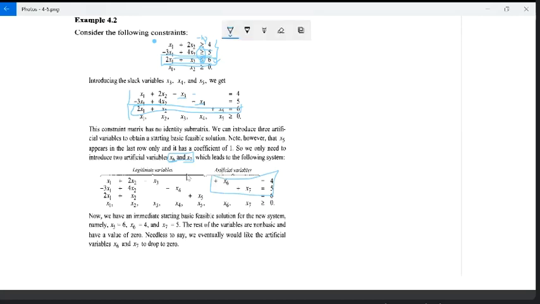This is an equal relationship, but we add x6 to this constraint and x7 to this constraint. x6 and x7 are artificial variables. Artificial variables must be 0. Okay?